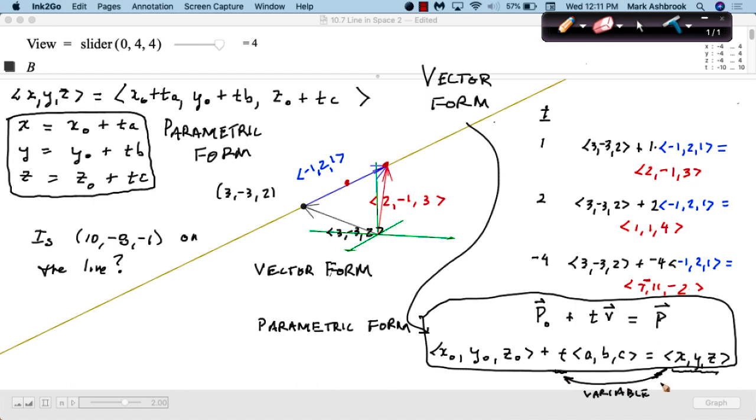So anyone want to tell me the vector form of this particular line? This is the vector form of any line. So what's the vector form of our line? It's (3, -3, 2) plus t(-1, 2, 1), and this equals what?